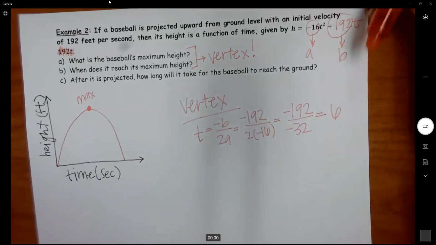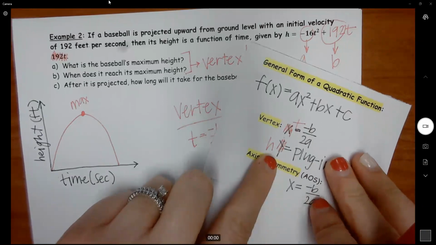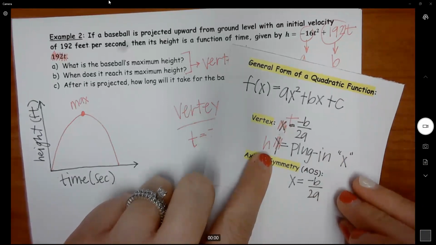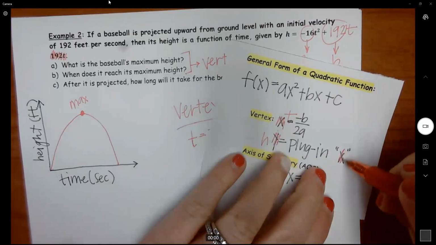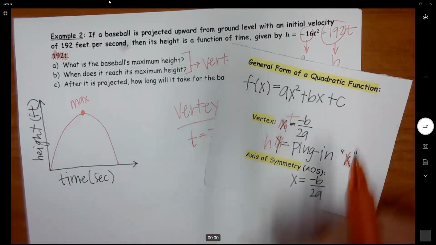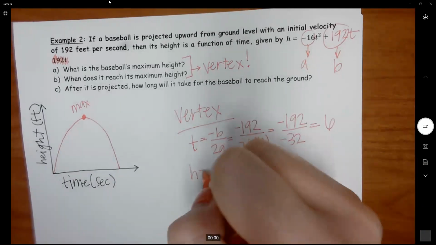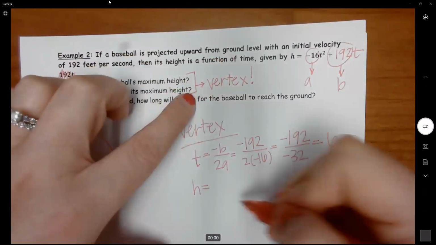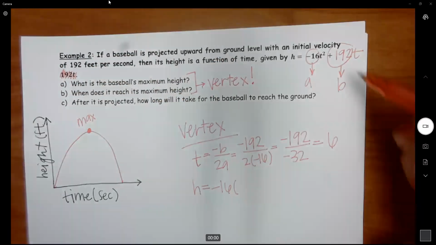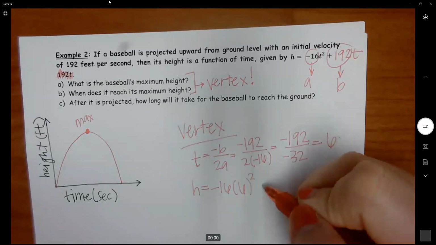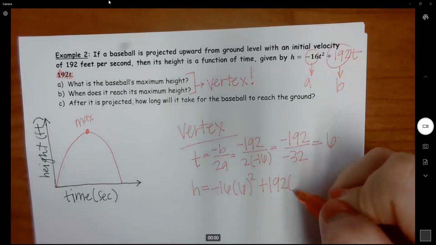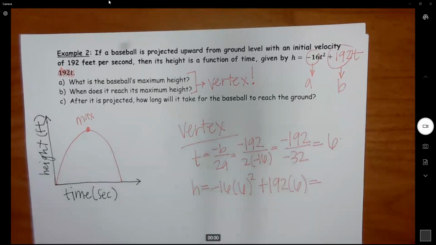So then to find my y coordinate, or in this case, my h coordinate, I need to just plug in my x, or in this case, plug in t. So h is going to equal negative 16 times 6 squared, plus 192 times 6.